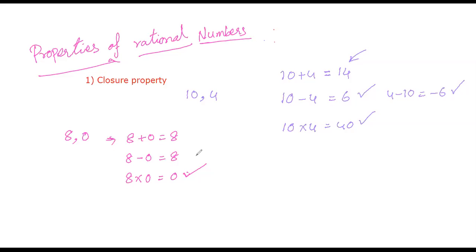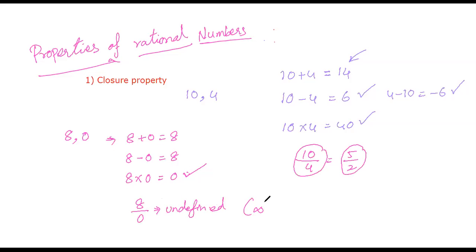So what about division? Division works for 10 by 4, which means it is a fraction, so obviously it is a rational number. But it won't work in this case, 8 by 0. What if we have a 0 in the denominator? It is undefined, right? It's an infinity.